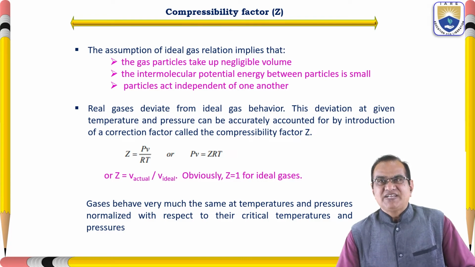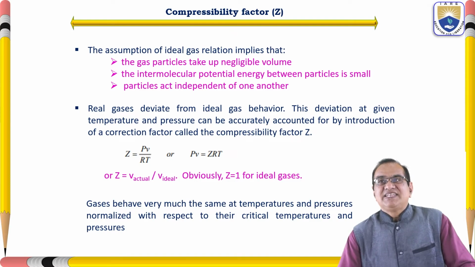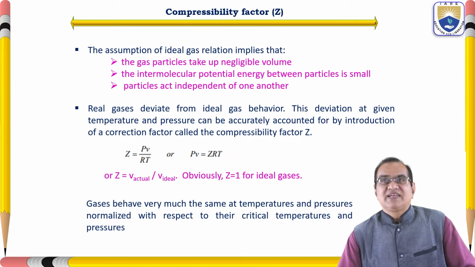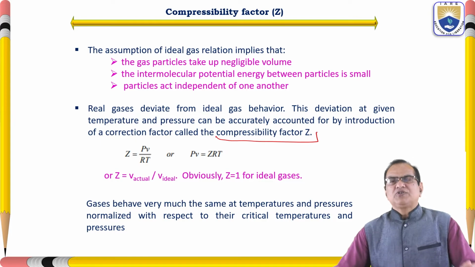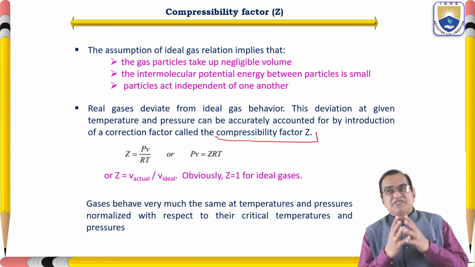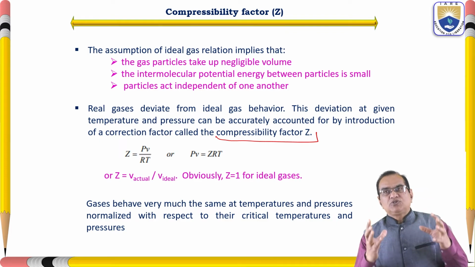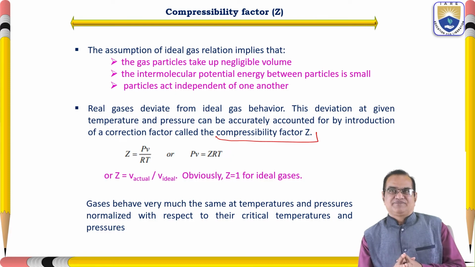Real gases deviate from ideal gas behavior, because real gases are not like the ideal gas. This deviation at a given temperature and pressure can be accurately accounted for by the introduction of a correction factor called the compressibility factor. I want to again emphasize here that the compressibility factor is used to apply the gas equation to real gases.